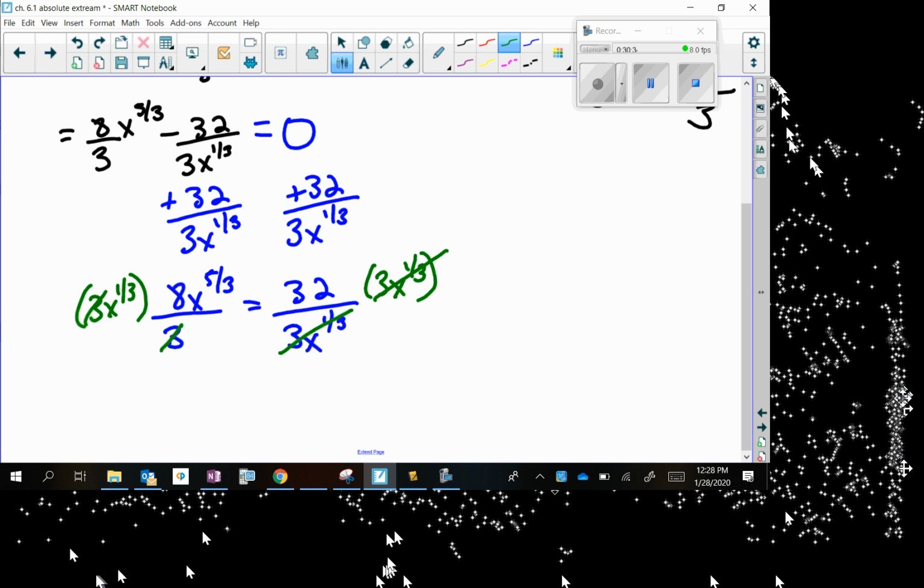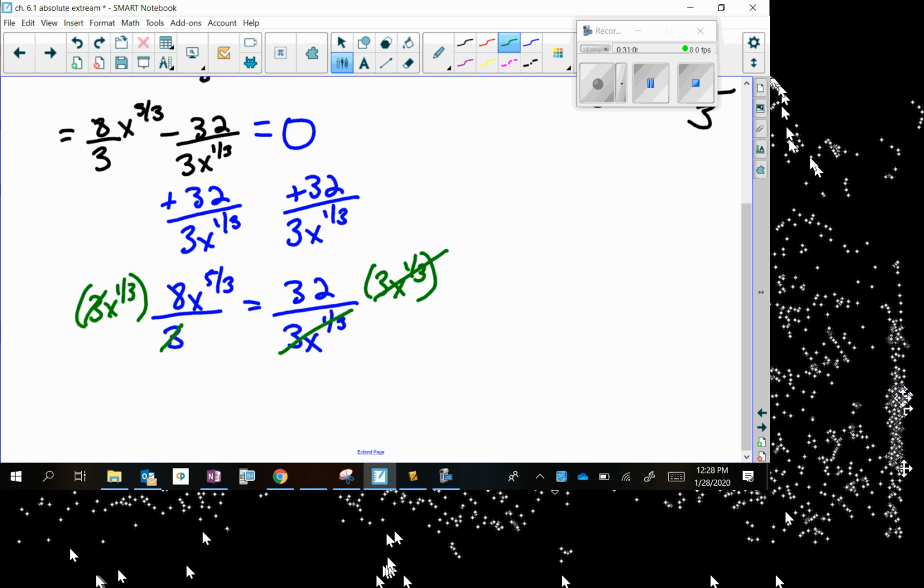And now, magic question today. What is x to the 1/3 times x to the 5/3? X squared. Right, because we're adding exponents. So 1/3 plus 5/3 gives us 6/3, which gives us 2. Do you see that though? Again, it's the same thing as on your test, where it's something to the 1/2 times something to the 1/2 equals something to the first.